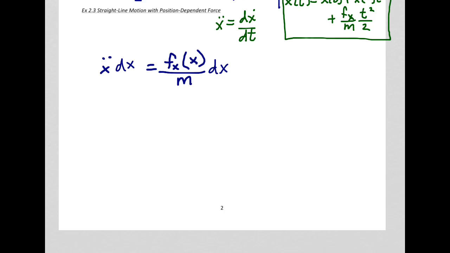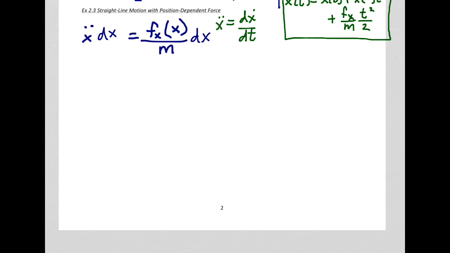And so what we're going to do is substitute that into the left-hand side, so that we have dx dot dt multiplied times dx on the left-hand side. And our right-hand side, remember, we're satisfied with that, so it stays the same. F sub x as a function of x divided by the constant m, dx.